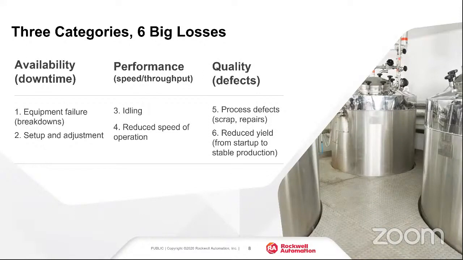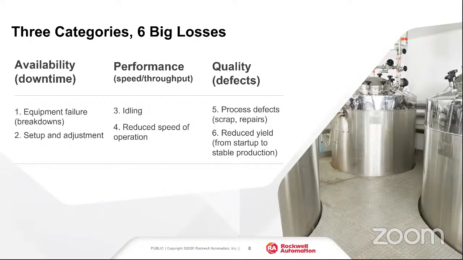And the performance losses: idling, where the equipment is ready but the product or raw materials are not going through, and reduced speed of operation, where it's not operating at full speed or throughput rate. Then the quality aspect. What are the other big losses?